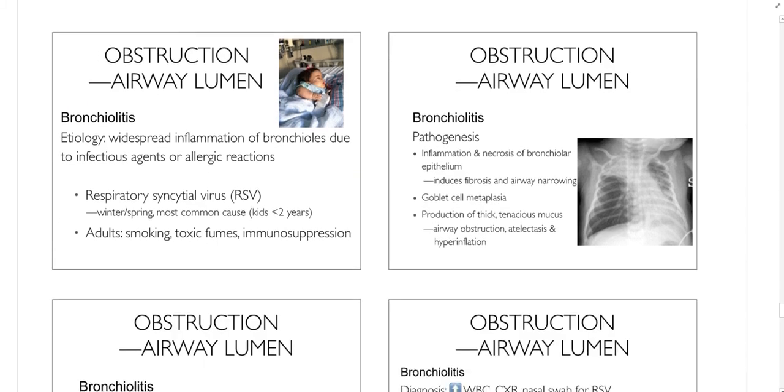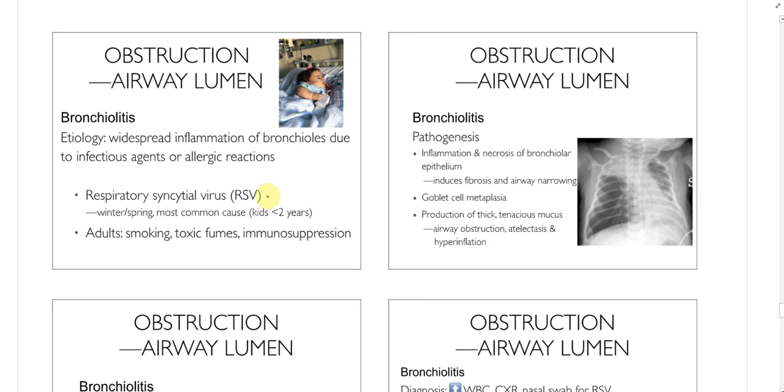So bronchiolitis, this is different than bronchitis because instead of the bigger tubes, the bronchi, we're talking about the bronchioles and inflammation of the bronchioles. So this is widespread inflammation of the bronchioles due to some kind of infectious agent or allergic response.